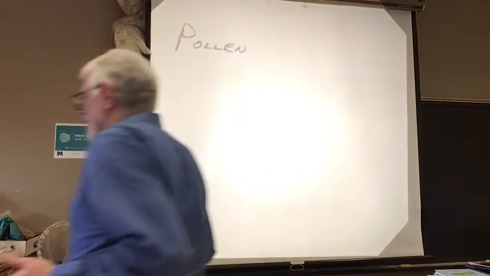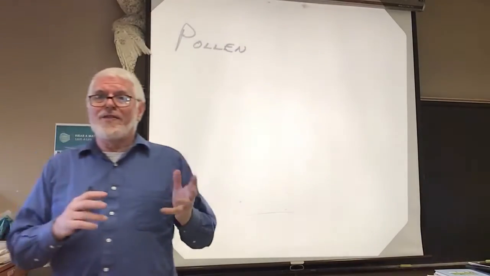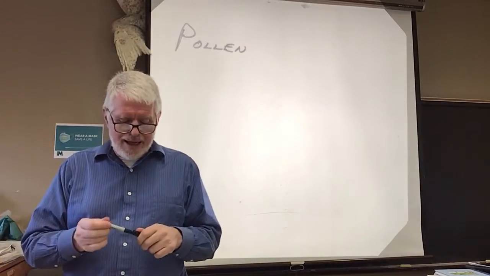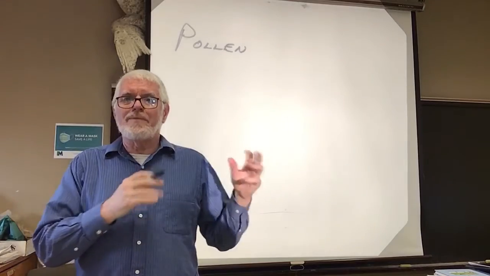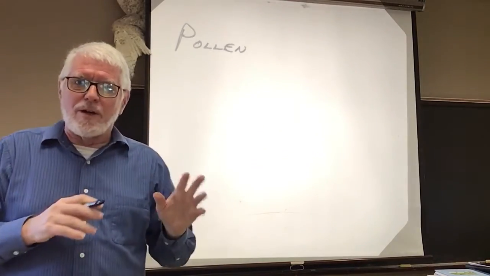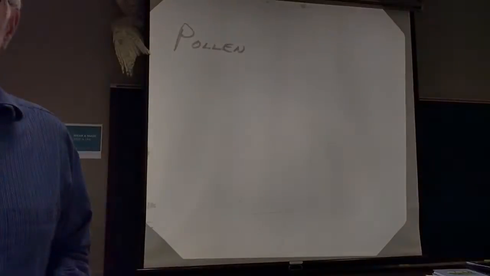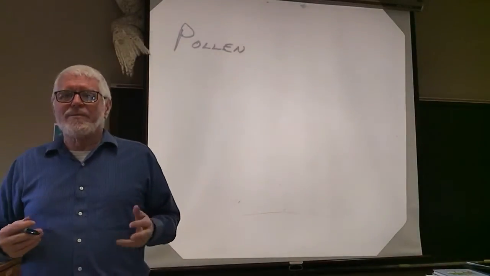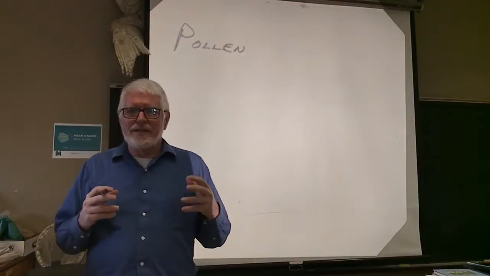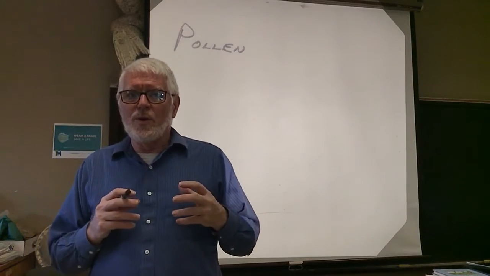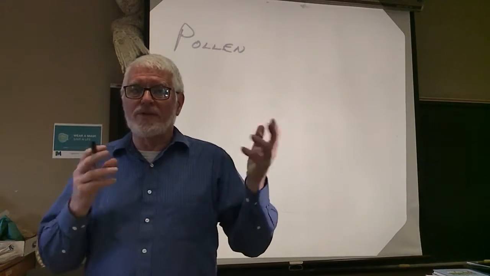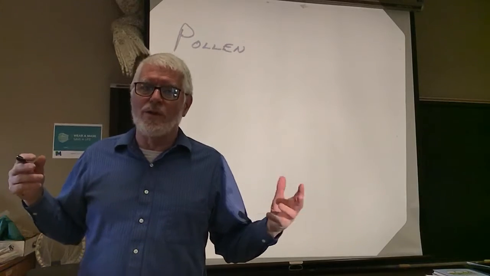Big development. When you think about it, it is taking bits and pieces that were already evolved and combining them in a very useful way. Pollen. Pollen is a casing to allow sperm to be transferred some way other than water.